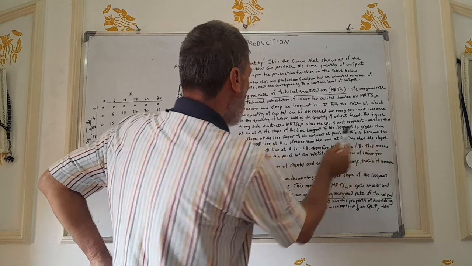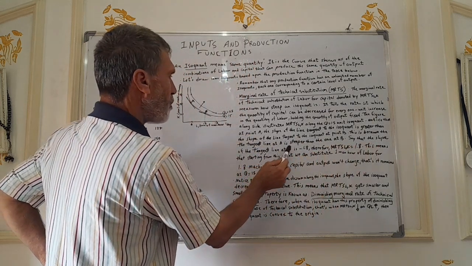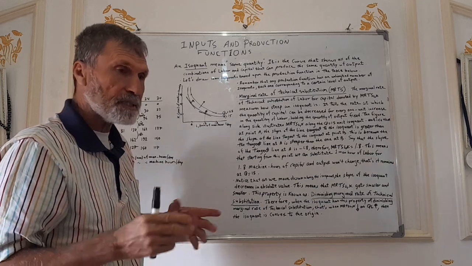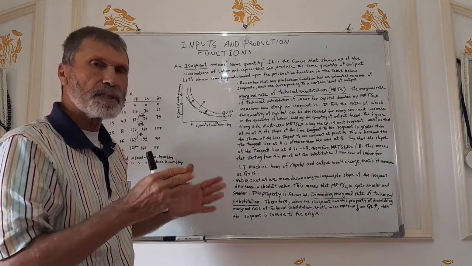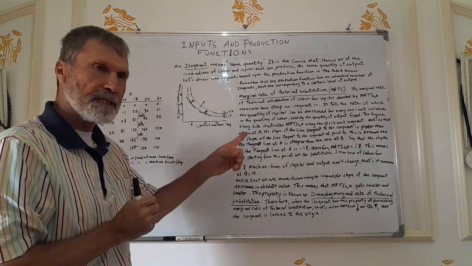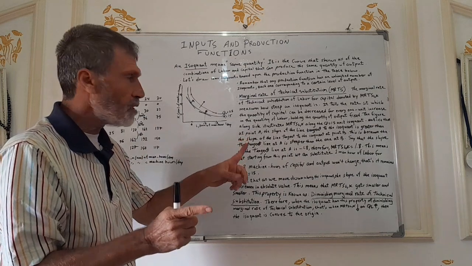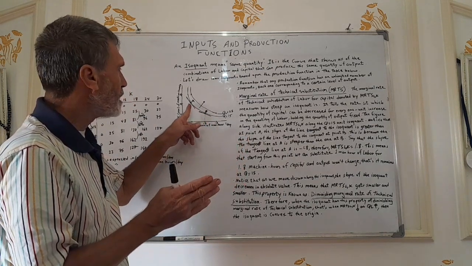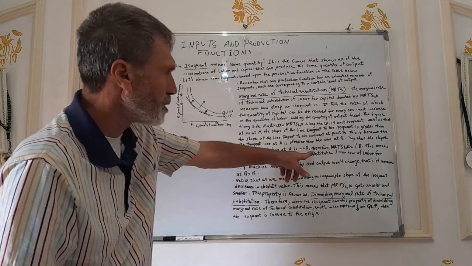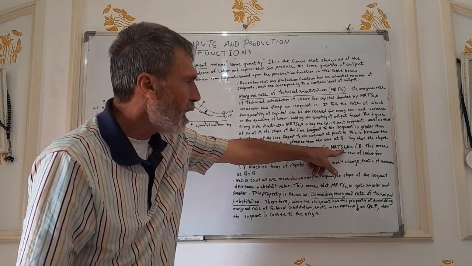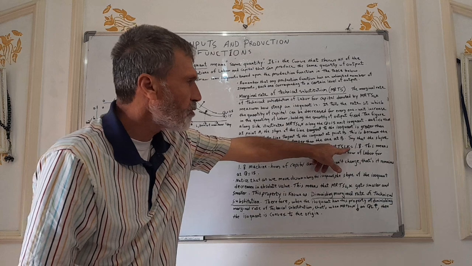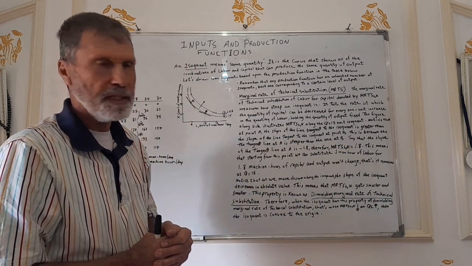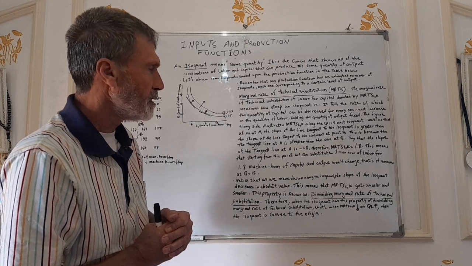Say that the slope of the tangent line at point A is minus 1.8. It's not exactly 1.8, but I just assume it is minus 1.8, and this number should be greater in absolute value than the slope at point B. Therefore, the marginal rate of technical substitution of labor for capital is equal to 1.8.